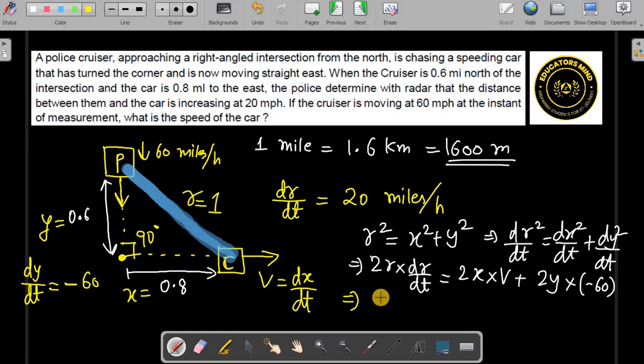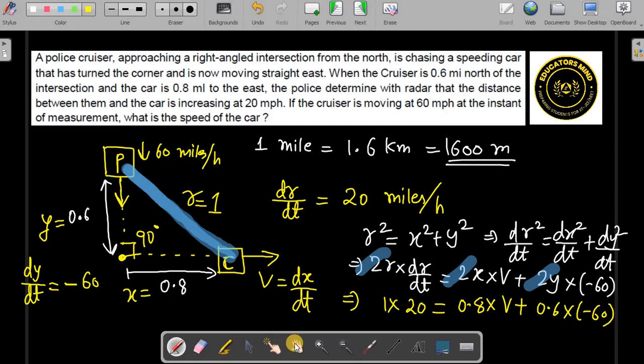So r is 1 at that instant. The 2 factor will get cancelled. So r is 1, dr by dt is 20. Let's keep miles per hour only, we don't have to convert units. x is 0.8, v, plus y is 0.6 into minus 60.